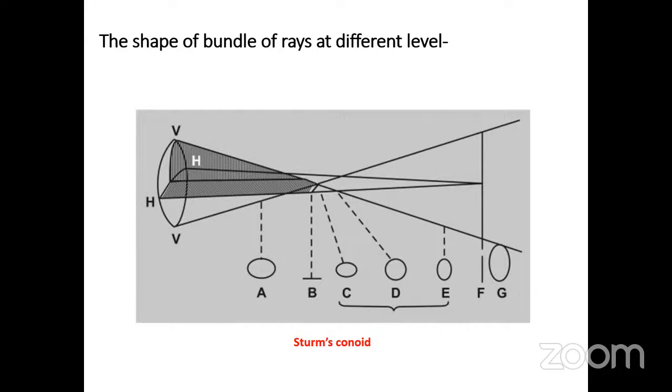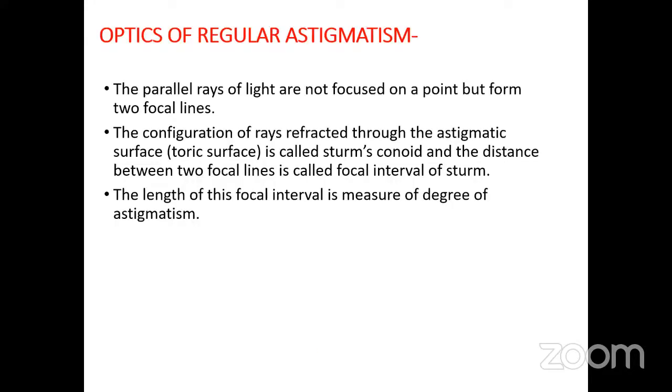Like we can see in the picture, at point B the rays coming from the vertical meridian are already focused, but the rays coming from the horizontal meridian are still converging. So we get the horizontal focal line. Then at point F, the rays from the horizontal meridian are focused, but the rays of the vertical meridian are diverging. So we get the vertical line.